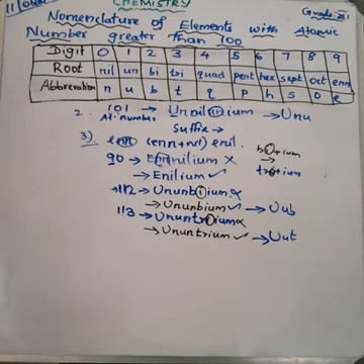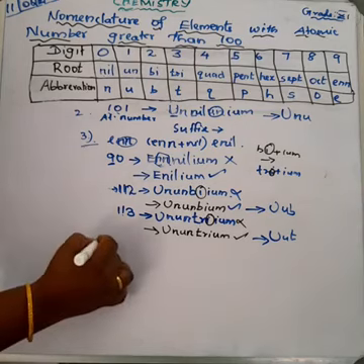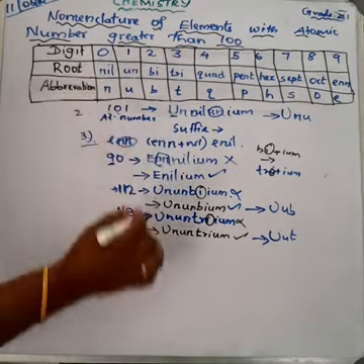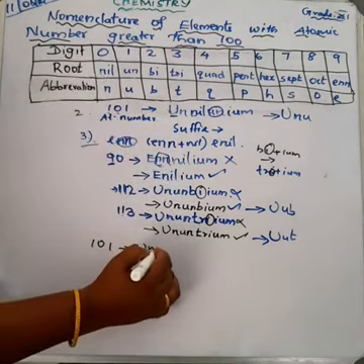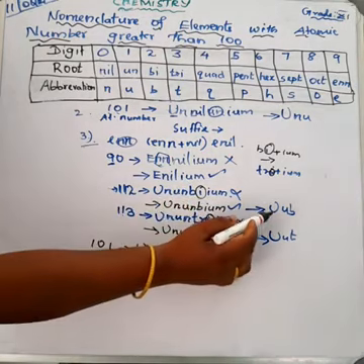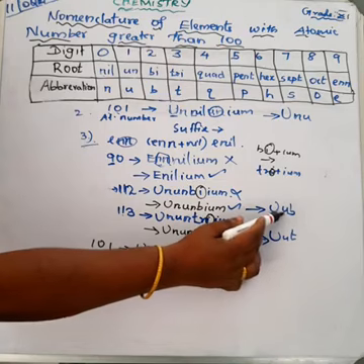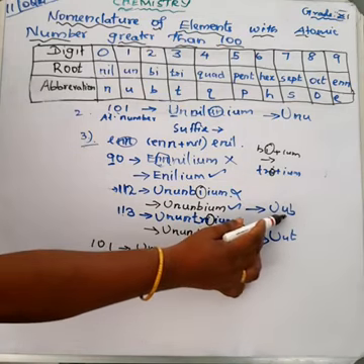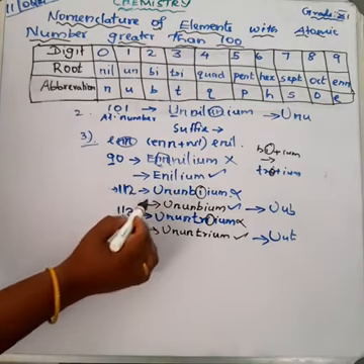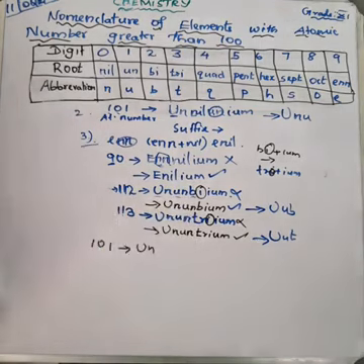What is the symbol? The first letters of the numerical roots, we can write U, N, U. Or 112, U and U for the two 1s. After that 2, we can write B. Okay, this is the symbol. These are the 4 rules about the temporary name from the IUPAC nomenclature.